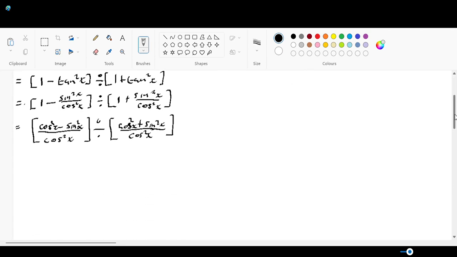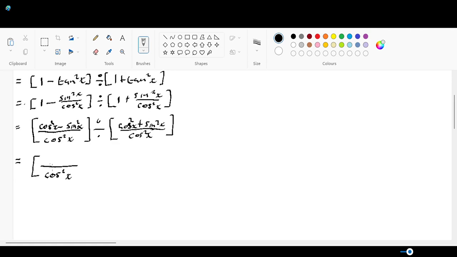Guys, I repeat, when you come across such, try to change everything to cos and sine. Okay, let's look at our first bracket then. Now, we know that our denominator is going to be cos squared x, but our numerator, this is an identity, guys. It's a double identity.